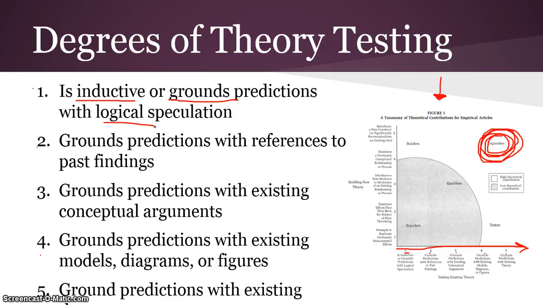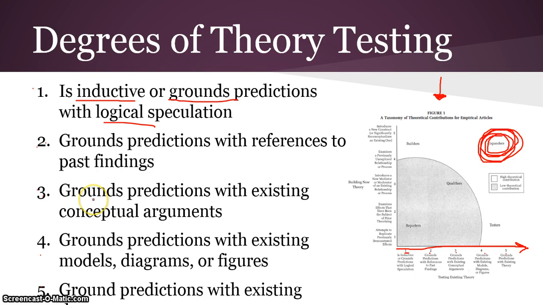If we're testing a theory and we want to see that somebody is testing a theory, they're making predictions using logic. At the second stage, or the second degree, would be grounding predictions with references to past findings. So now we're actually using whatever theory that we're talking about and looking back at what has been done before.